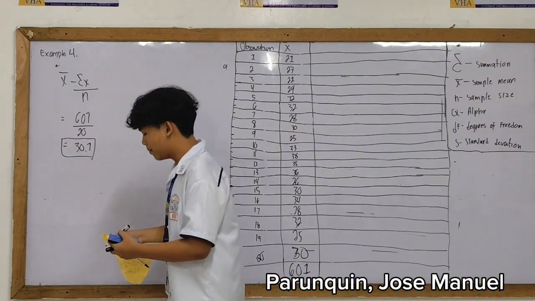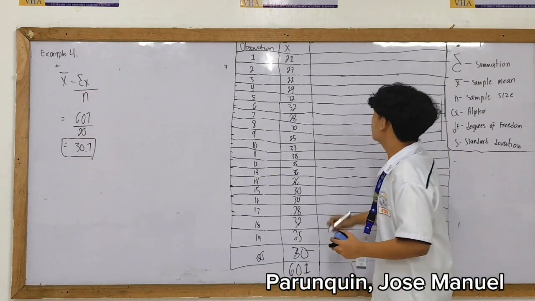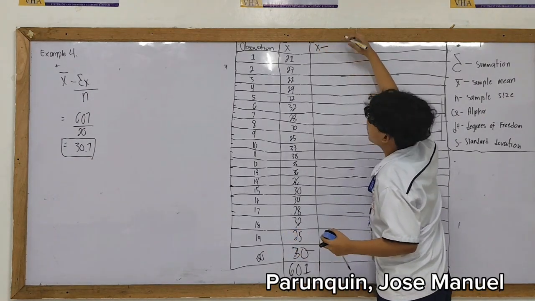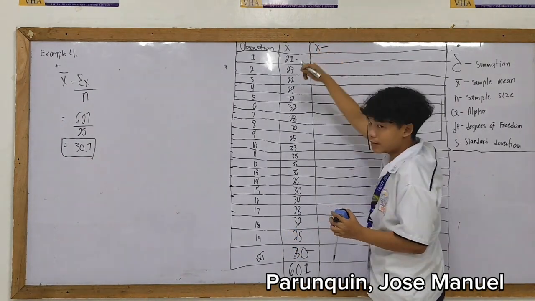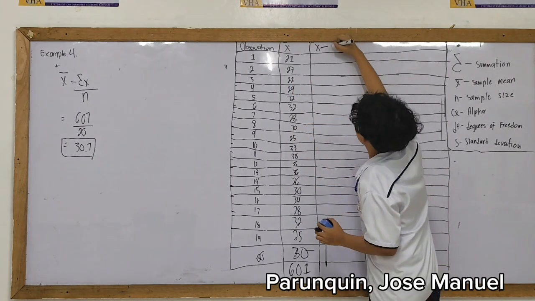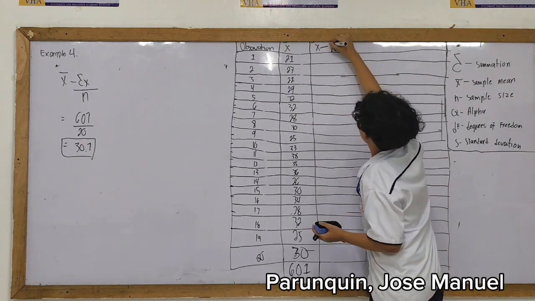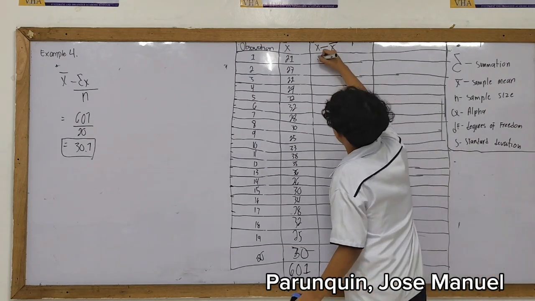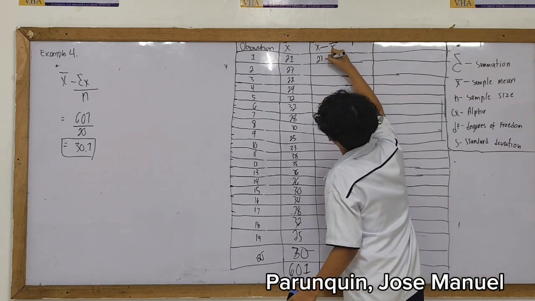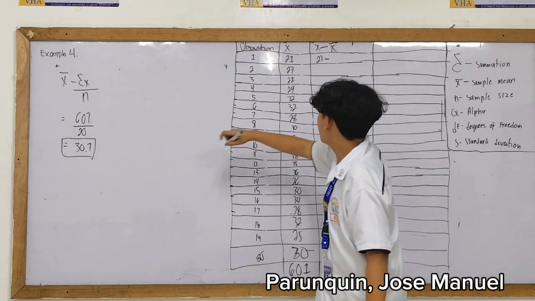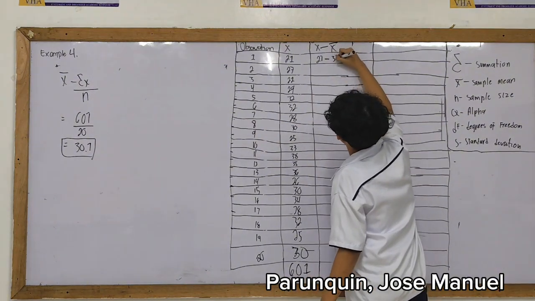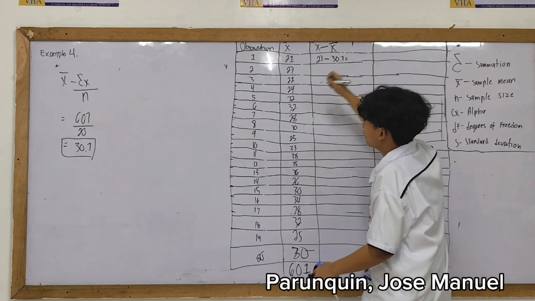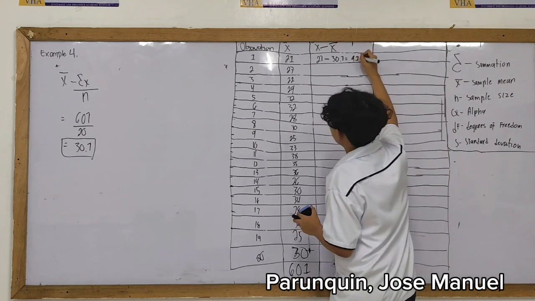So in the next step, in the third column, we need to subtract x minus the sample mean. So 21 minus our sample mean, which is 30.1, will become negative 9.1.